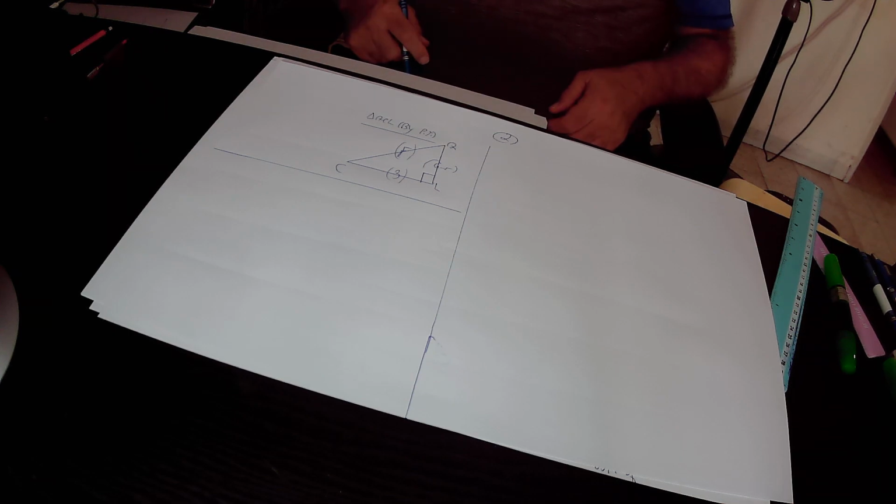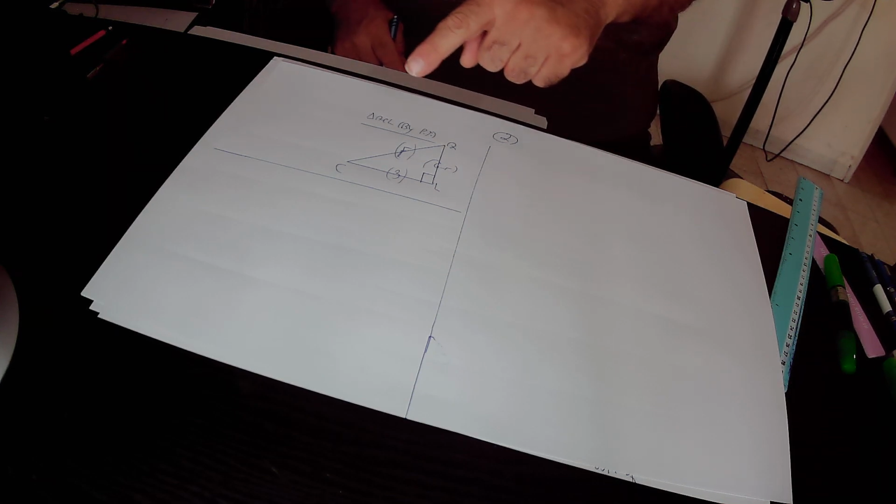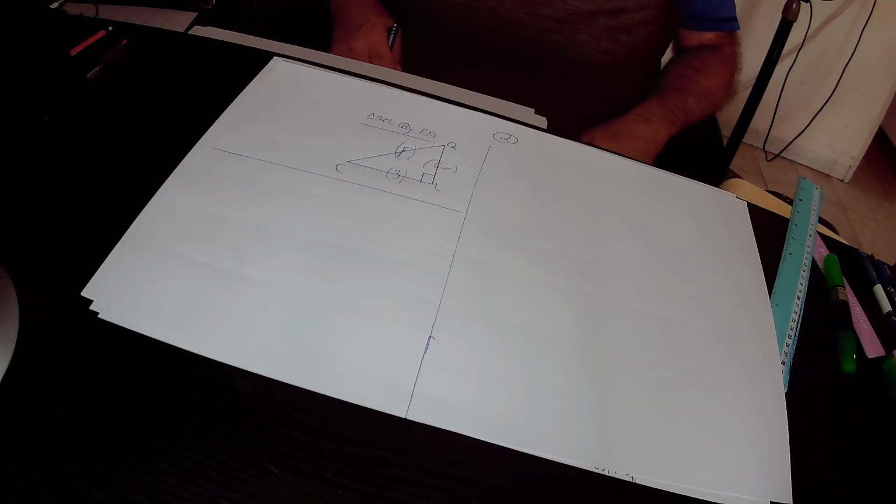QC squared, this is the square of the hypotenuse, equals QL squared plus CL squared. So I write it down.